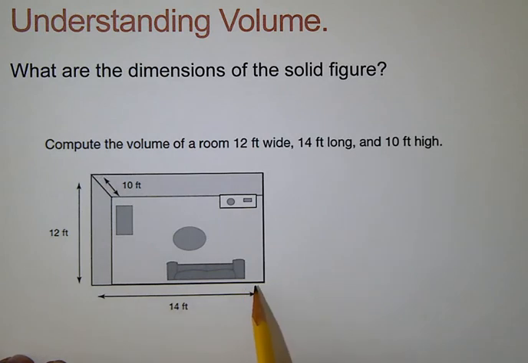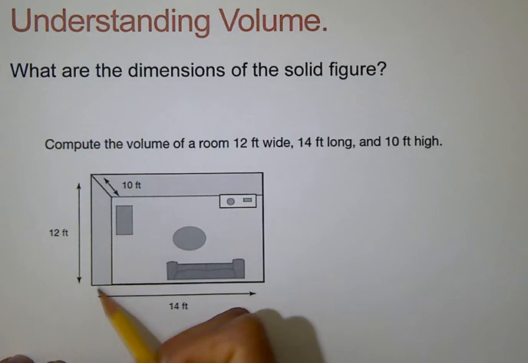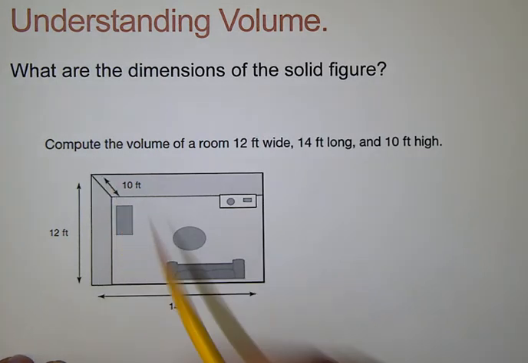If you were going to paint this room, you would need to know how long the wall is, how wide this wall is, and how tall from floor to ceiling to buy paint. So you would need to know the volume.